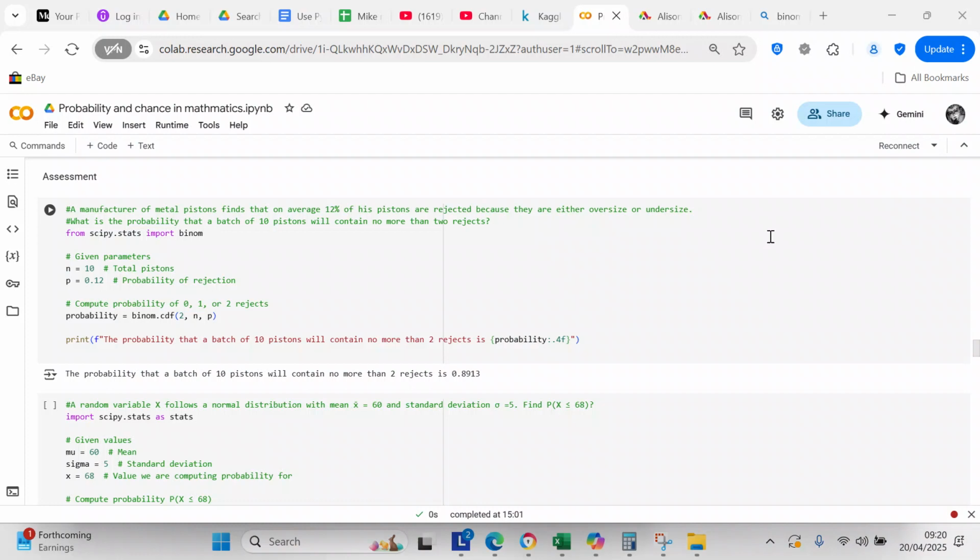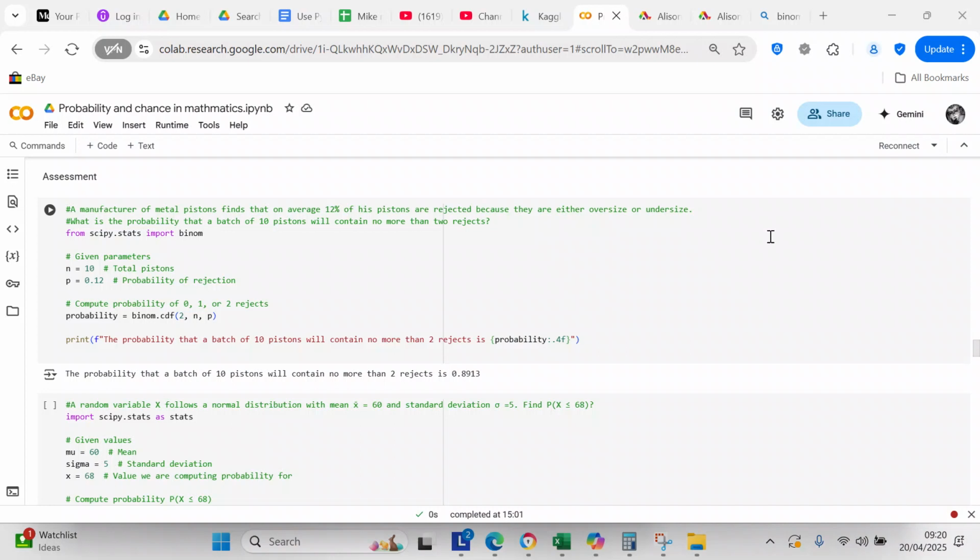From scipy.stats, import binom, your binomial distribution. N is the total number of pistons, equal to 10, and P is the probability of rejection, which is 0.12. We're going to compute the probability of 0, 1, or 2 rejects.